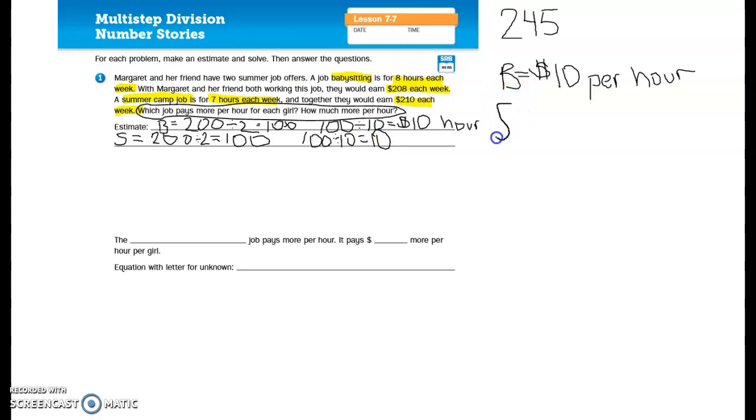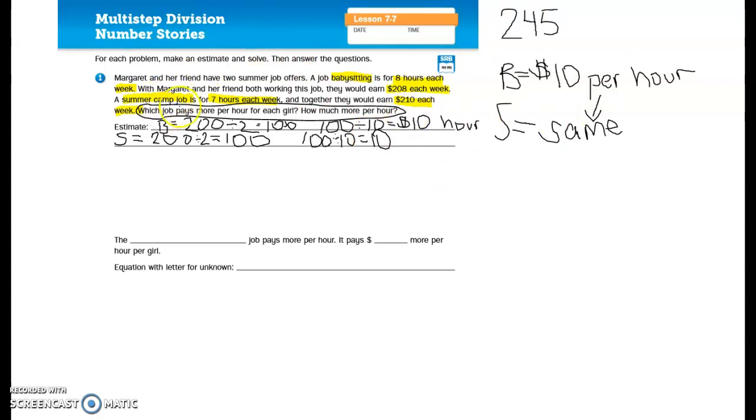So summer camp is going to be the same thing. So what does that tell us when our estimates are the same? That tells us that our answer is going to be pretty close. So we know that when we find our final answer, these two jobs are going to be pretty close in pay to each other because the estimates are close.